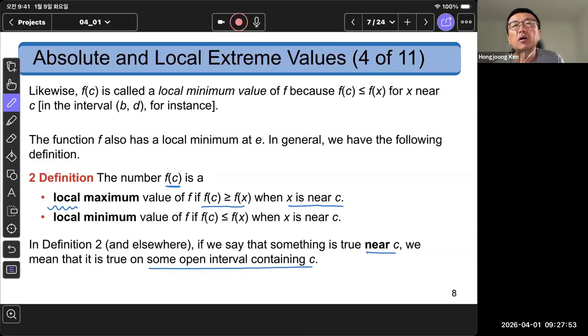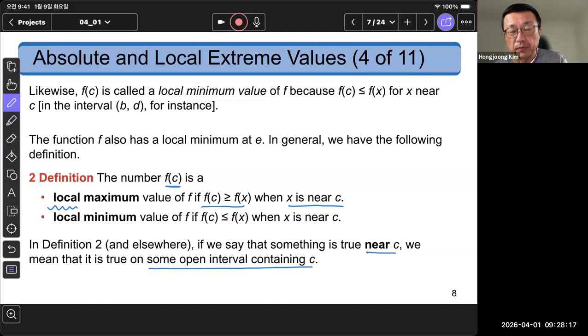So we should be able to find some interval around c, with some portion to the left and to the right of the point c. In that case, we say f of c is a local maximum.